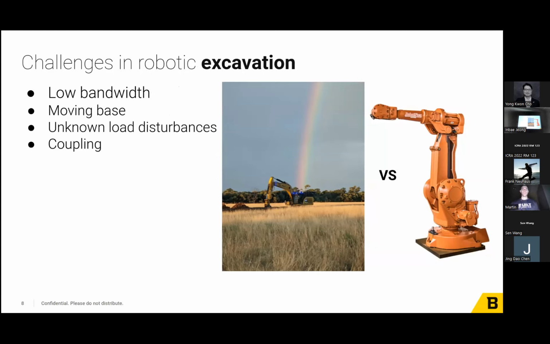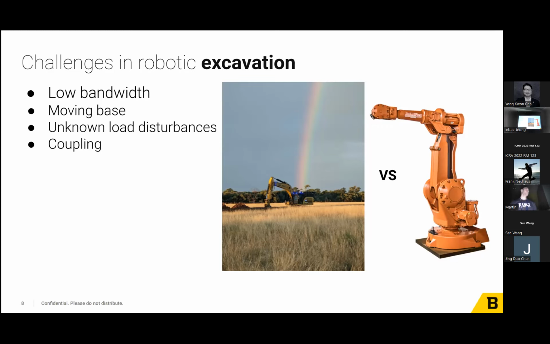So compared to a traditional robot we see in the industry, an excavator is larger, it has lower bandwidth and more inertia, and the actuators are typically hydraulic, and they are, well, more elastic and flexible than what you would see in the industry. So all of this adds to the lower bandwidth.